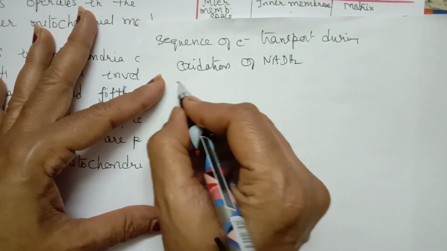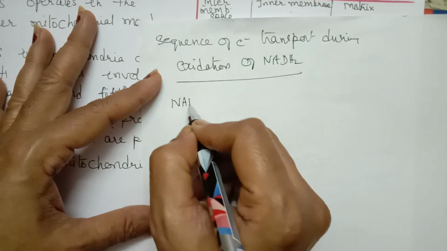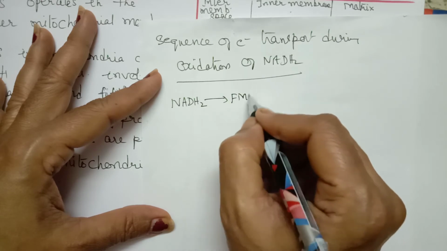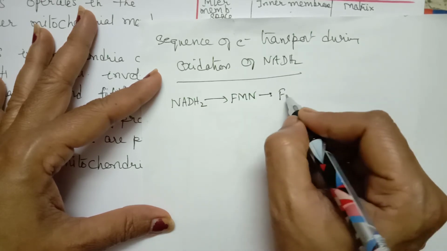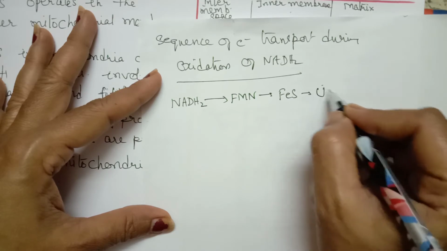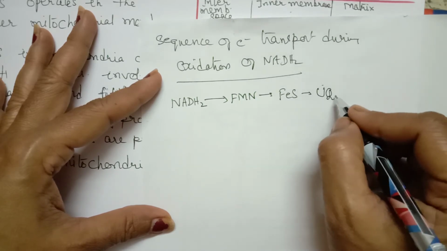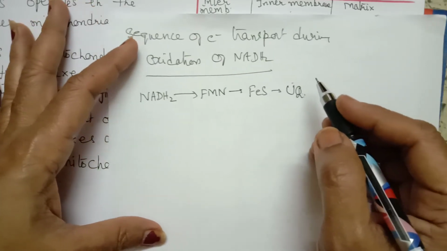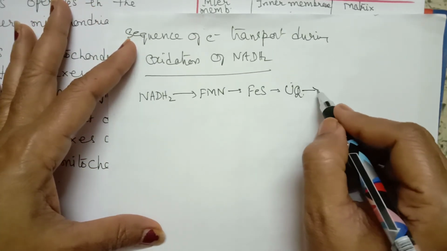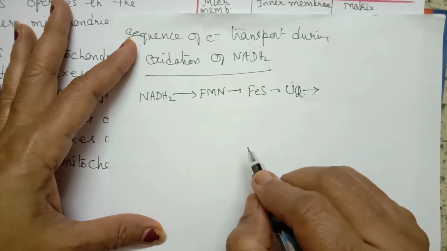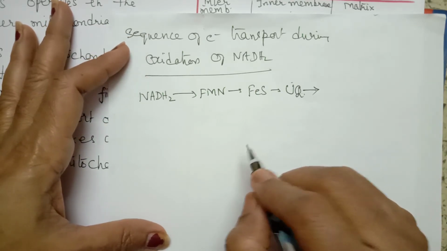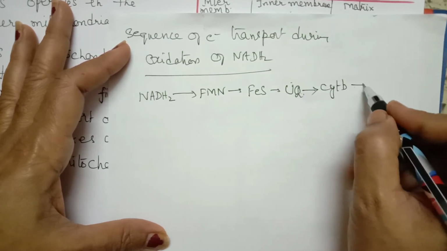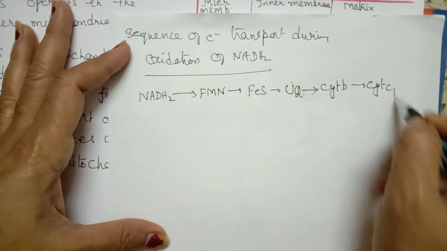NADH2. So starting first from NADH2, it is passing to FMN and then to FeS and then to ubiquinone, which gets completely reduced to ubiquinol. Then it is passing to the third complex, that is cytochrome B of third complex, and then cytochrome C1.